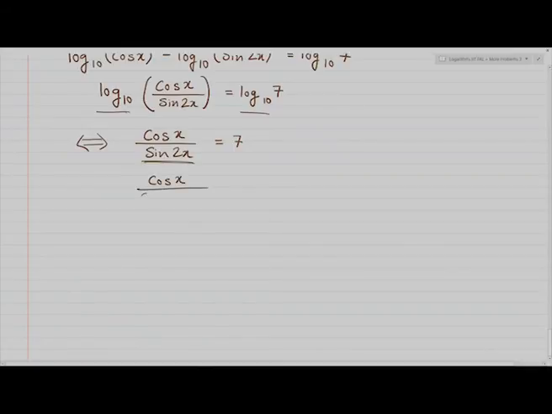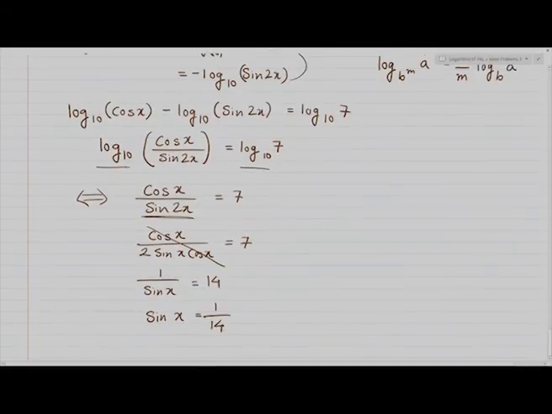So, I will use that formula, 2 sin x cos x is equal to 7. Cos x gets cancelled. Therefore, I got 1 upon sin x is equal to 14, that is sin x is equal to 1 upon 14.